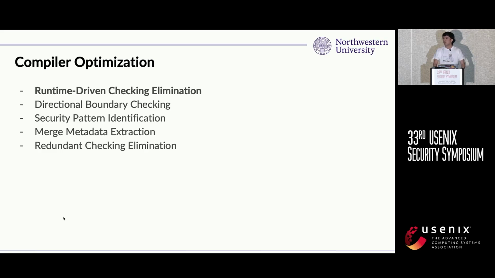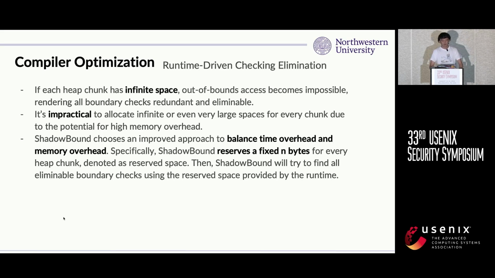Now we introduce the compiler optimizations we use in ShadowBound. We implement 5 optimizations, and we only introduce the most important one, the runtime-driven checking elimination. For all the optimizations, you can check the details in our paper. The basic idea is that if each heap object has infinite space, out-of-bounds access becomes impossible, rendering all boundary checks redundant and eliminable.